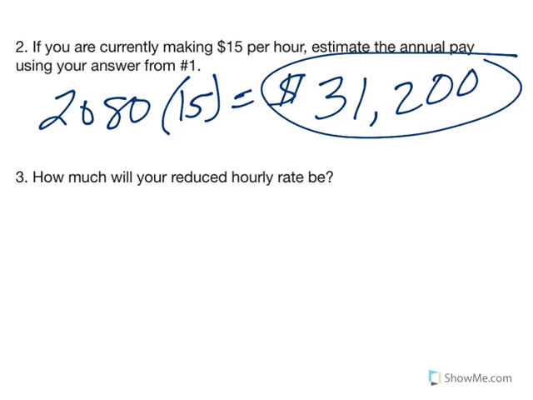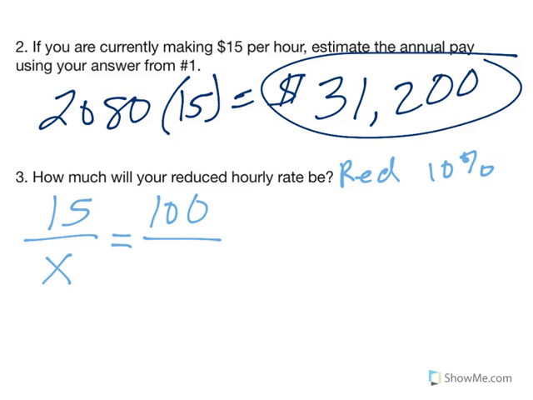So that's kind of what I'm basing everything on. This is what I'm making now. What's going to happen later? Okay, so they do a 10% cut in pay. So if you think about what we did last week, I'm making $15 an hour now. I don't know what I'm going to make after it's cut. So the 100% is what I made now. And if they're reducing it by 10%, that's going to be less.